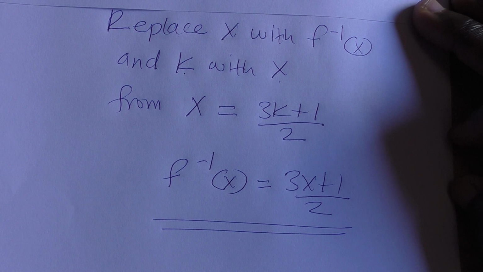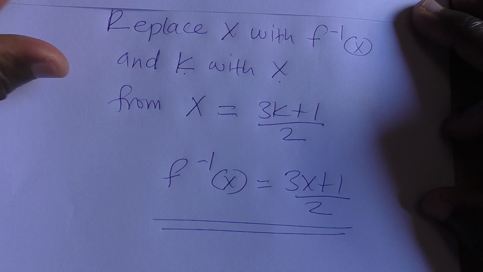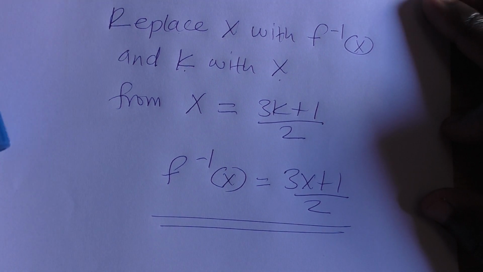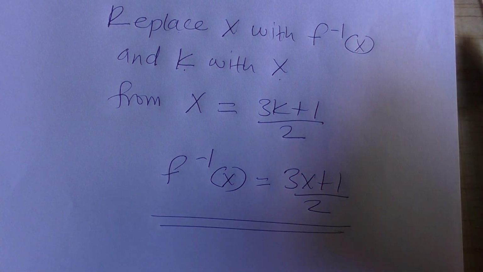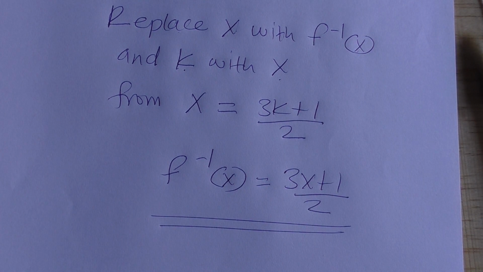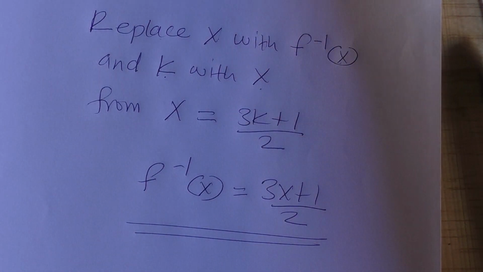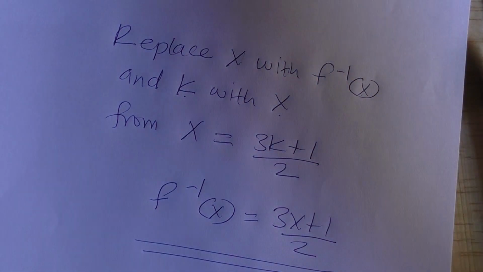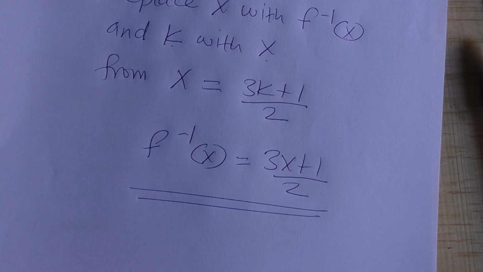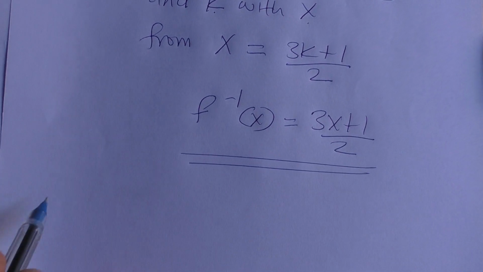Then sometimes we are given the inverse and they want us to find the function. Let us try out that, where we are given the inverse and we are asked to find the function. Let us use the same example. So this time around, we can set our own question.